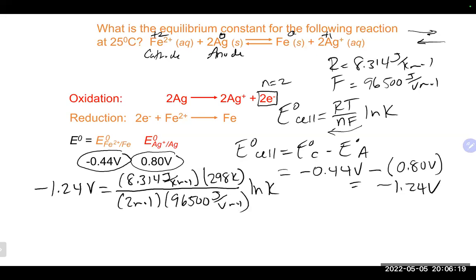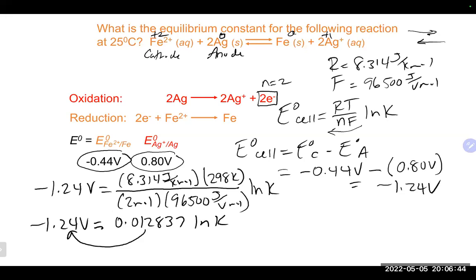I'm going to clean up all the numbers on the right-hand side there before the natural log. So we've got 8.314 times 298 divided by 2 and divided by 96,500. That gets me minus 1.24 volts equals 0.012837 natural log of K.